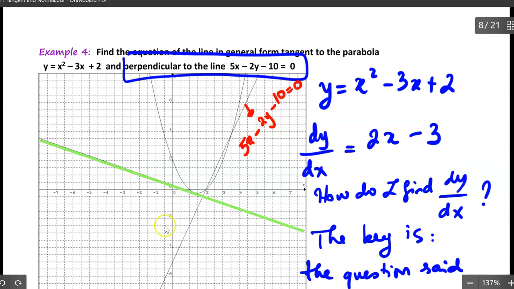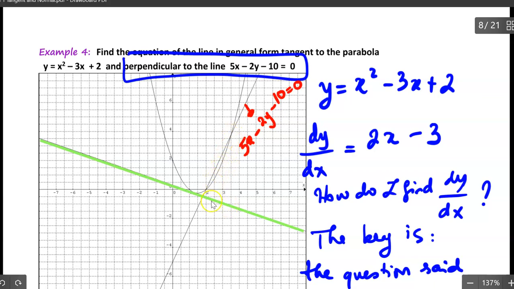And you see, if this line is perpendicular to the tangent, you can use the concept related to the slope. You will use this equation to figure out the slope of this line. And because of perpendicularity, after finding the slope of this line, you can take the negative reciprocal of that to get the slope of the line perpendicular to it.